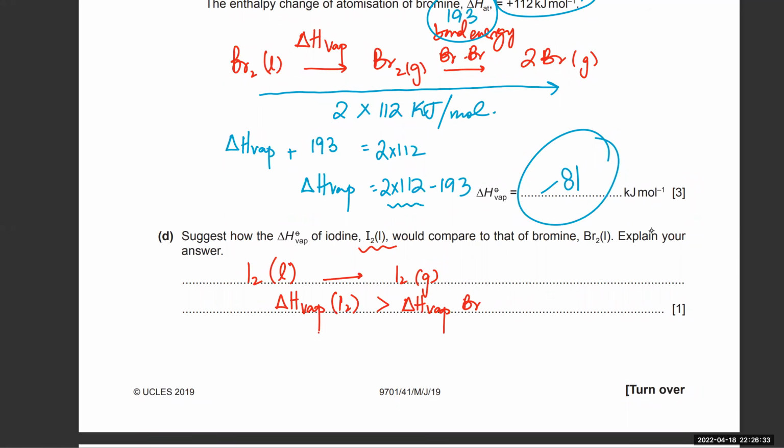The reason is that iodine has more van der Waals forces, because it's a bigger molecule.